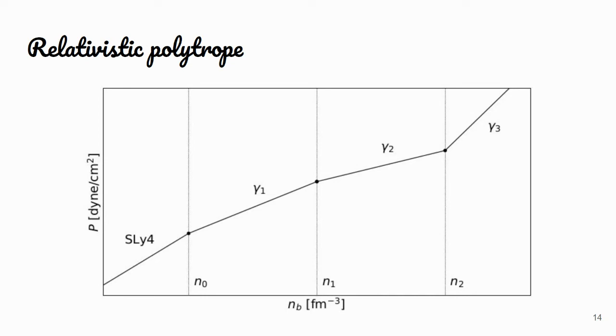If it goes less steep, you call it soft, because you can increase in density but not increase in pressure. It tells you a little bit about the state of matter in terms of how likely it is to be squeezed. This is called the adiabatic index because it's related. Okay, thank you very much.